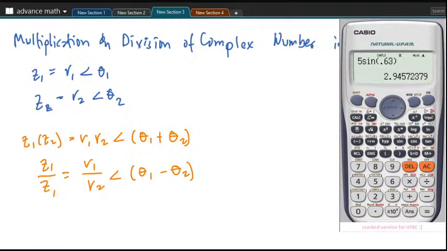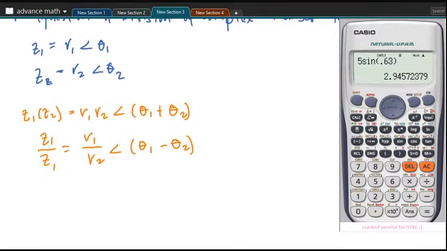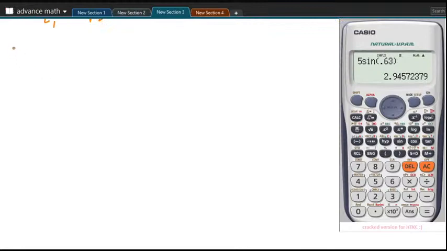Okay, so for example, we have this given example. Our z sub 1 is equal to 9 angle of 2 radians, and our z sub 2 is 7 angle of 0.45.